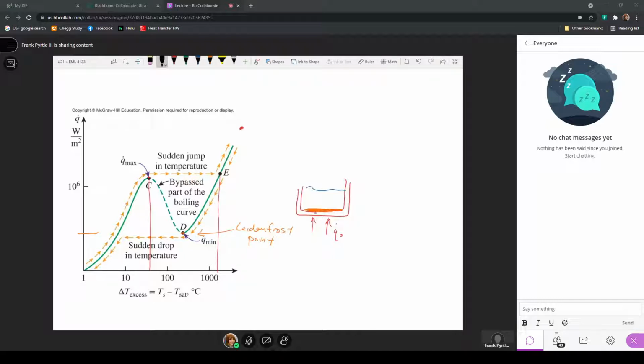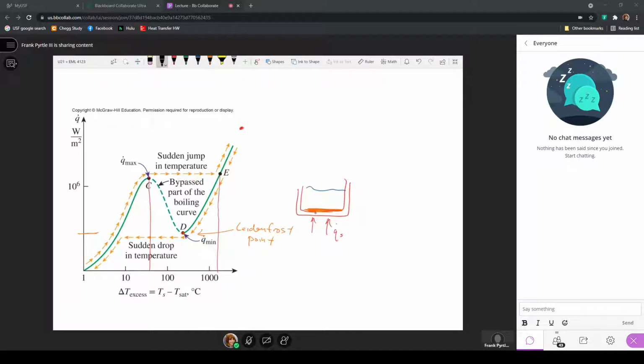If we increase the heat flux, meaning we move along this y-axis, the excess temperature will increase as we increase the heat flux. When we get up here to Q dot max, which is the critical heat flux, this is the point at which we're generating the maximum number of bubbles that we can during what's called the nucleate pool boiling regime.